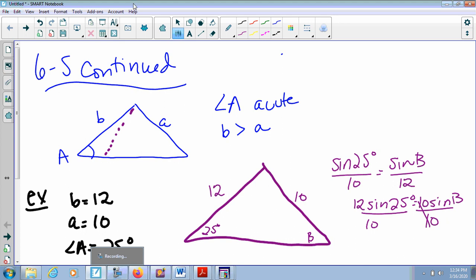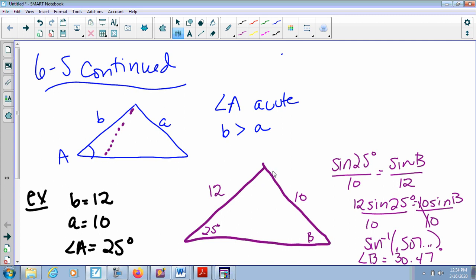Let's do the inverse of that. So inverse sine of what we just got, 0.507. And it looks like angle B should be around 30.47 degrees. So right off the bat, we know that the triangle exists. Sometimes when you do problems like this, you get an error at the end, and then you know that no triangle would be able to be made in this situation.